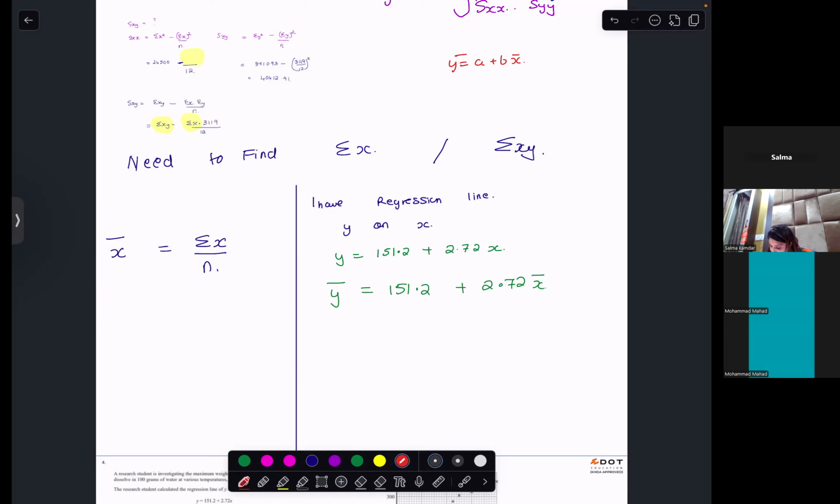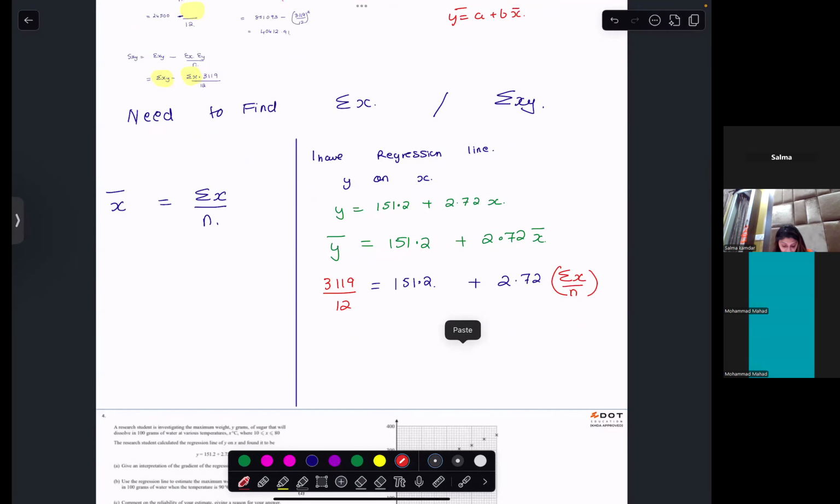Now let's see over here. My mean of y is 3119 by 12. So this would be 151.2 plus 2.72 mean of x. Instead of mean of x, I can write sigma x by n, correct?